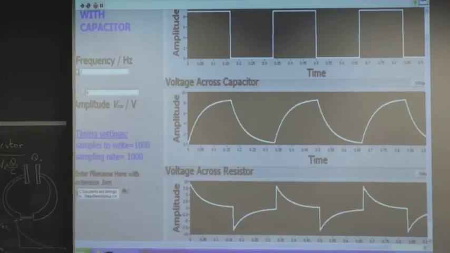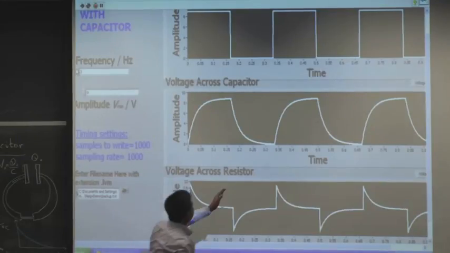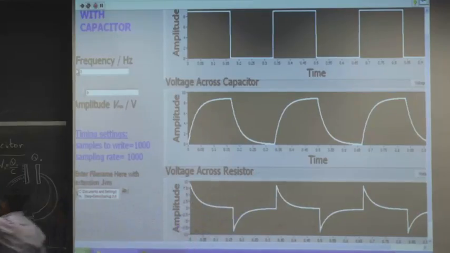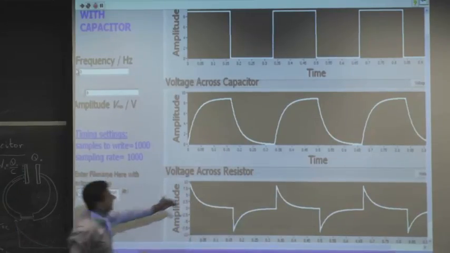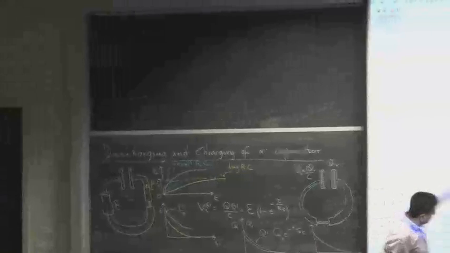Now look at this. I've gone up to almost the maximum voltage that has been applied. The response is now sharper, so I can see an exponential rise here, just similar to what I have here. And I can see an exponential decay here. This is similar to what I've drawn over here. This is an exponential decay in the current.